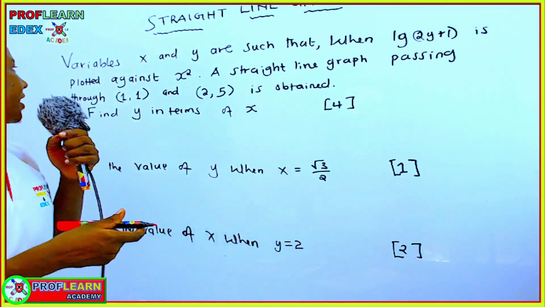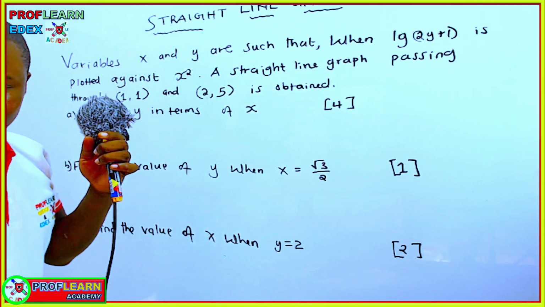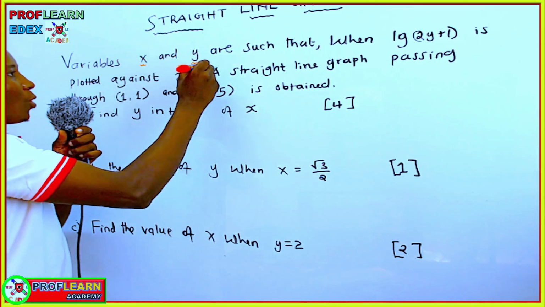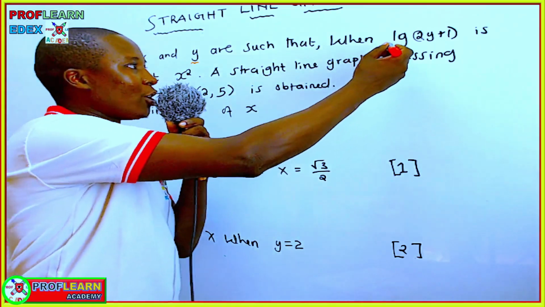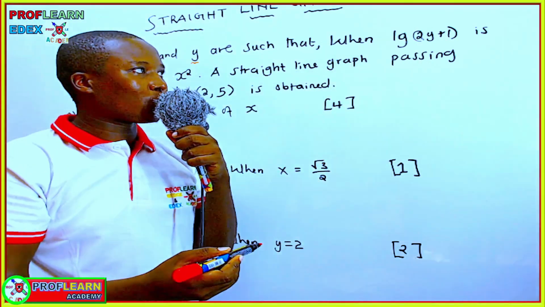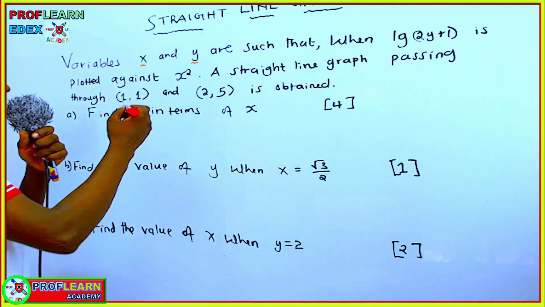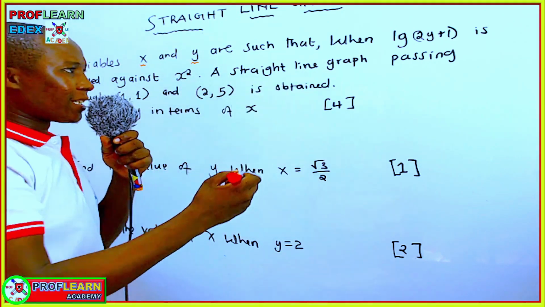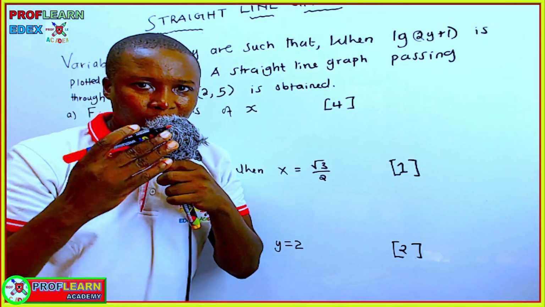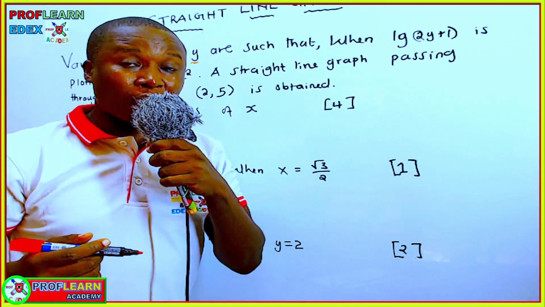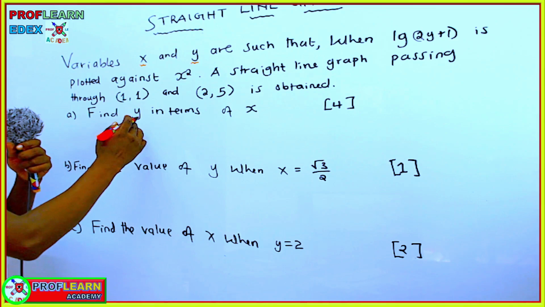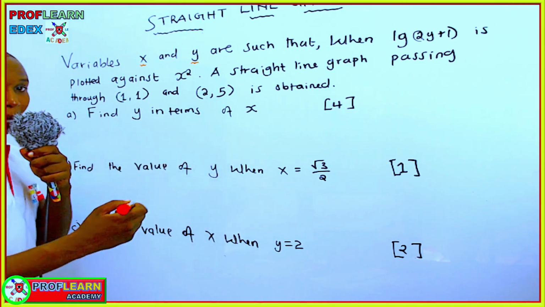We are told in this question that variables x and y are such that when the log of 2y plus 1 is plotted against x squared, a straight line graph passing through the points (1, 1) and (2, 5) is obtained. Then we are supposed to find y in terms of x.